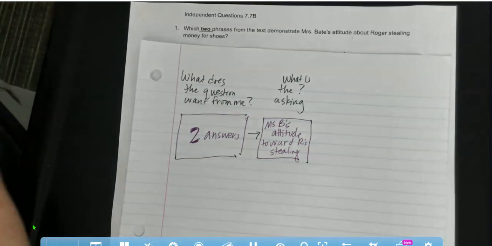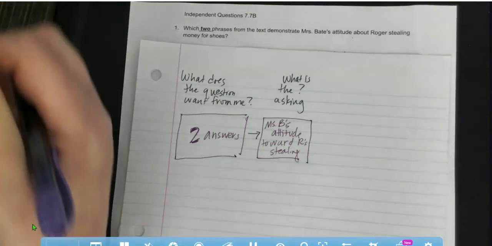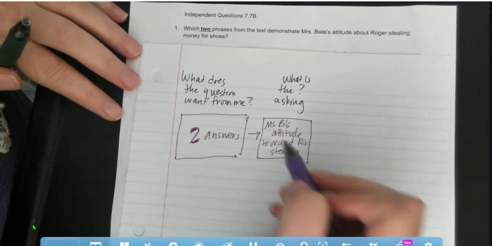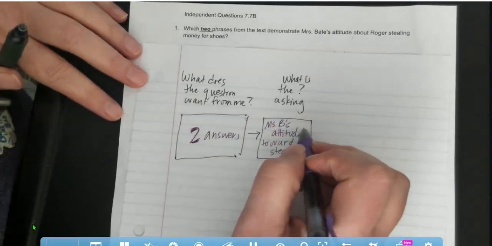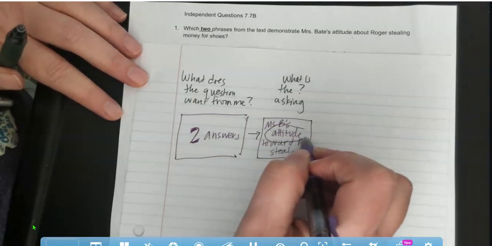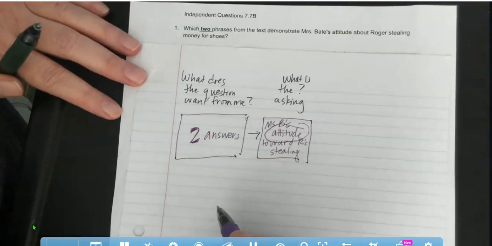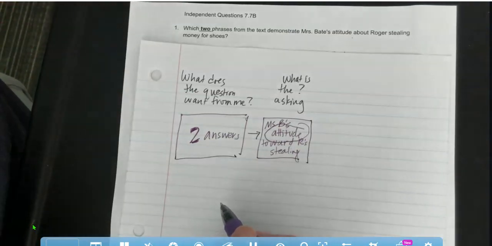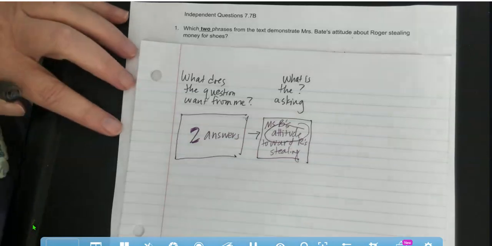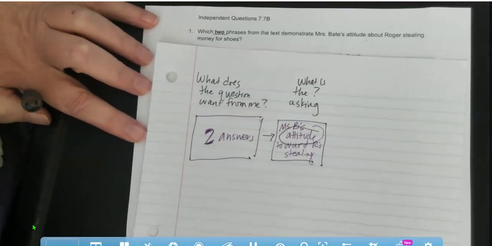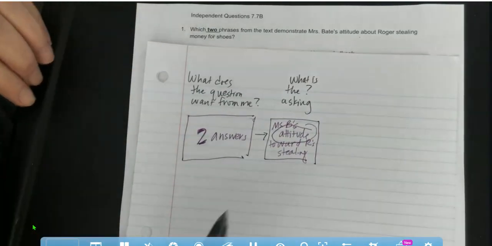Miss Bates' attitude toward Roger's stealing. That's what we're asking about. But out of all of those words that I just wrote down, attitude is probably the most important one. That doesn't mean attitude has to be in the answer, but the answer that I'm going to choose has to have something to do with her attitude about the situation.